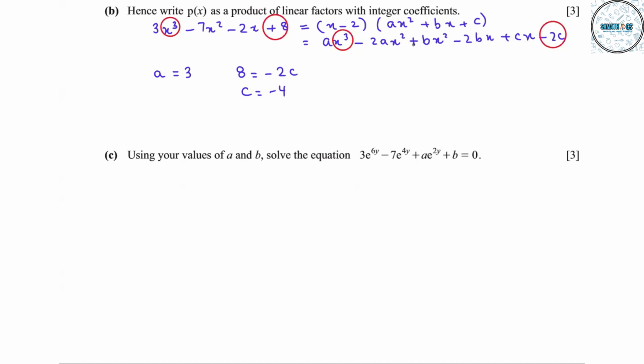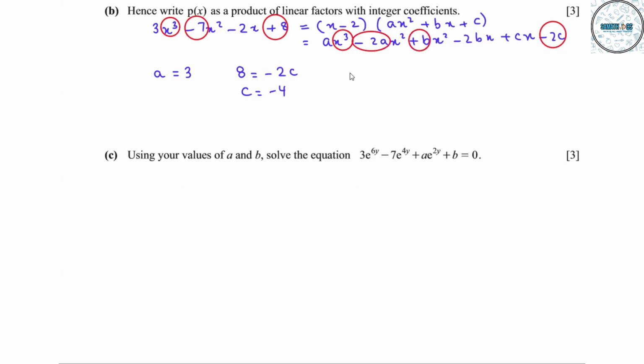Then to find out the value of b, we can equate either the coefficients of x or the coefficients of x squared. Coefficient of x squared here is -7. And on this side, the coefficient of x squared is -2a plus b.